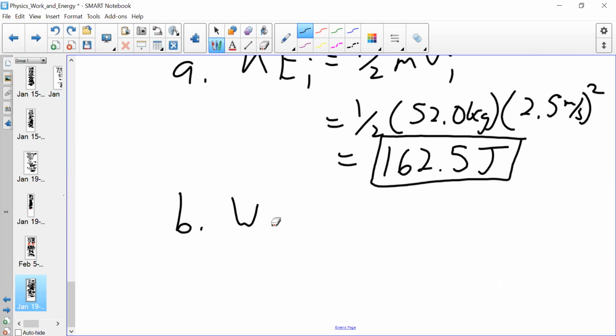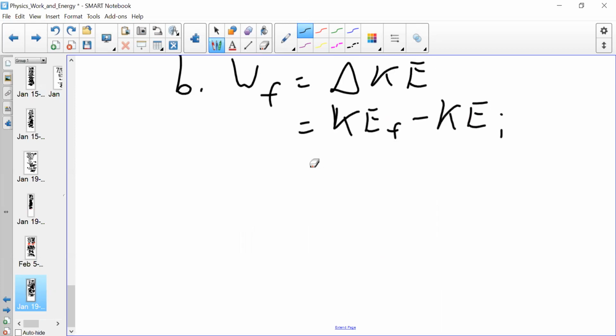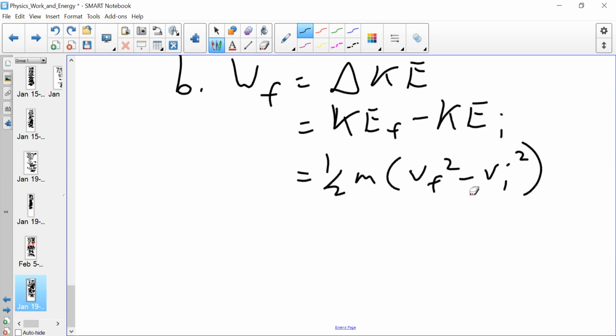The work done by friction is just your change in kinetic energy. I'll write it out like this: KE final minus KE initial, which is also equal to one half mass times V final squared minus V initial squared. We put everything in there.